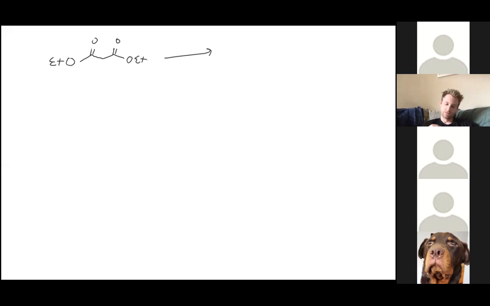Okay, so you're going to use the following reagents. You'd use NaOEt, followed by propyl bromide, and then our third step, H3O plus and heat.